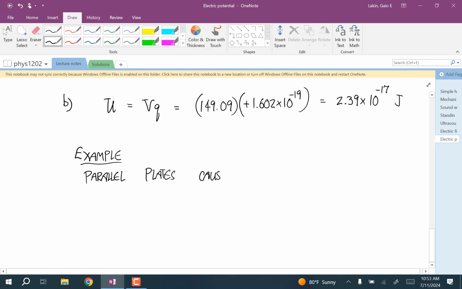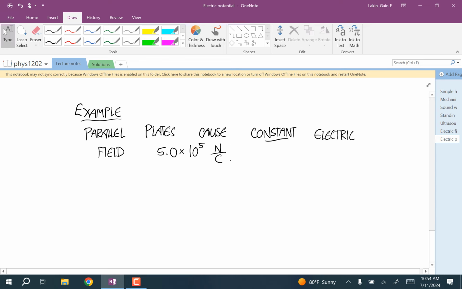And they cause, like parallel plates always do, a constant electric field of 5.0 times 10 to the 5th newtons per coulomb.